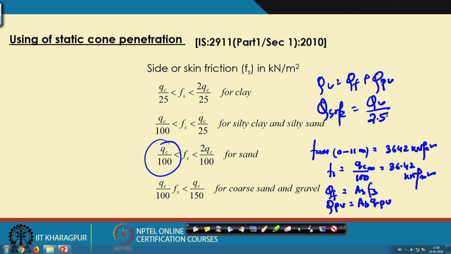So, this is the IS code method, because you take the average and then you take this limit. I am taking QC divided by 100, as it is mentioned only for sand. So, this is the limit, I am taking 100. So, I will get the resistance 36.42.